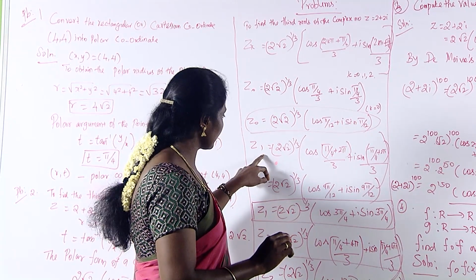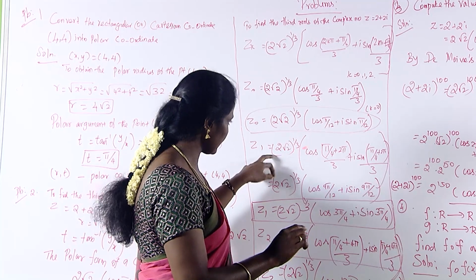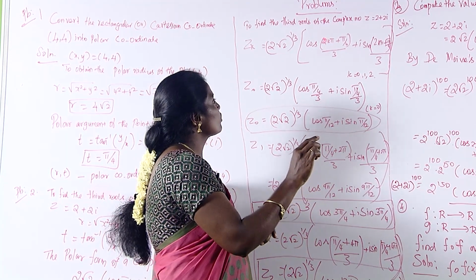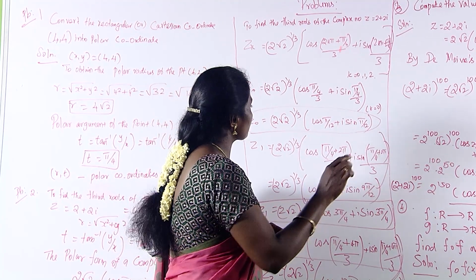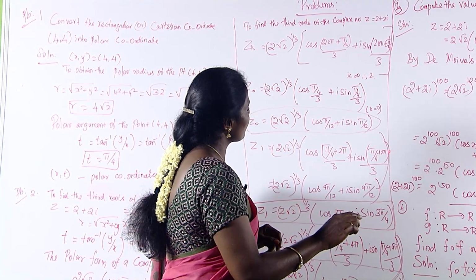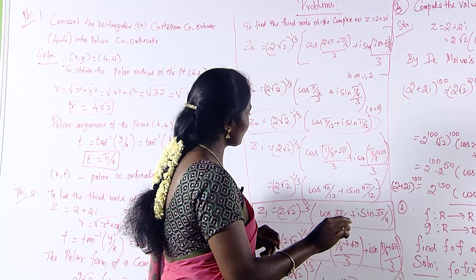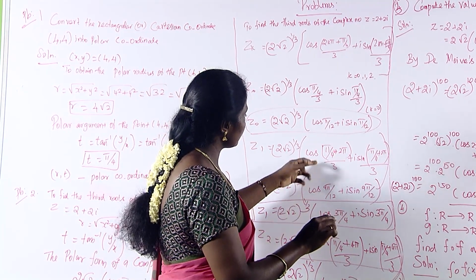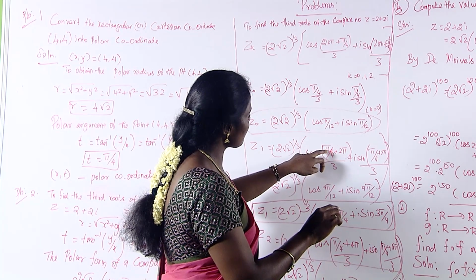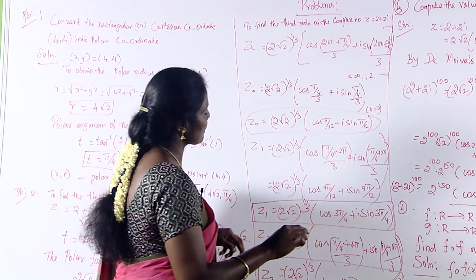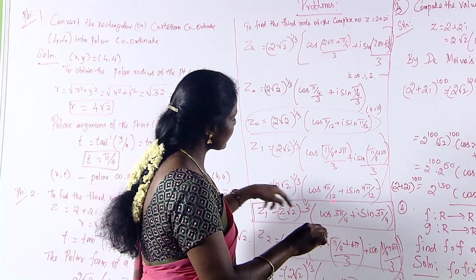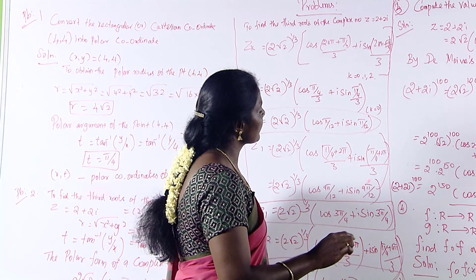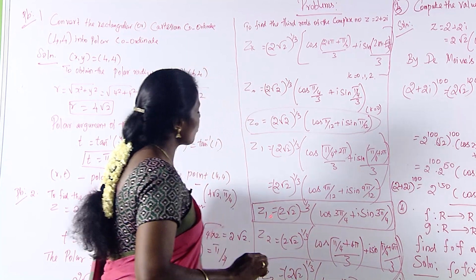And we can substitute k equal to 1. So, z1 equals (2 root 2) to the power 1 by 3. Here instead of k we substitute the value 1, that is 2π plus π/4, in both cos and sin. This is nothing but 8π/4 plus π/4, therefore this is 9π/4, and 4 into 3 is 12, therefore cos 9π/12 plus i sin 9π/12.